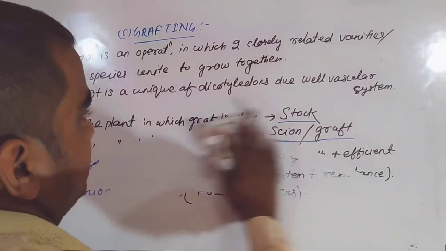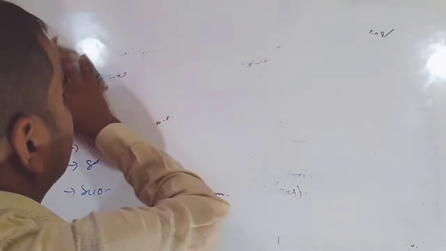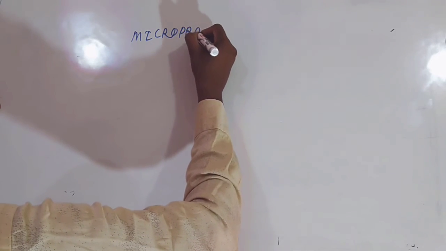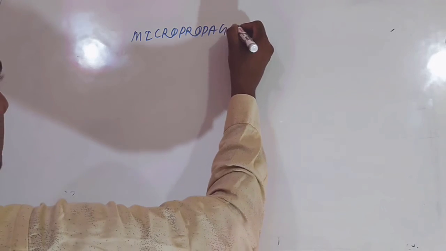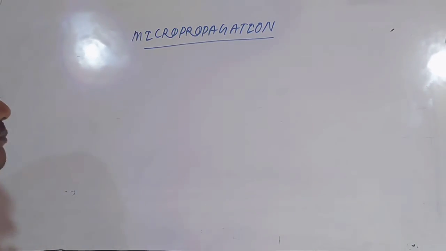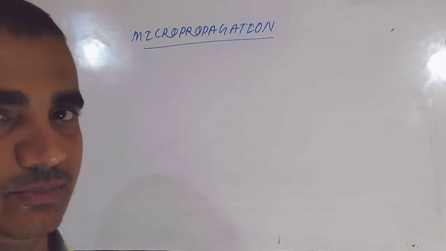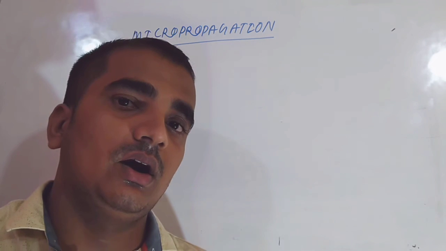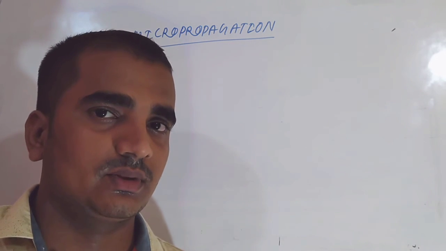Now we discuss micropropagation. Micropropagation is a tissue culture process, and this process is done in some horticultural or agricultural crops.